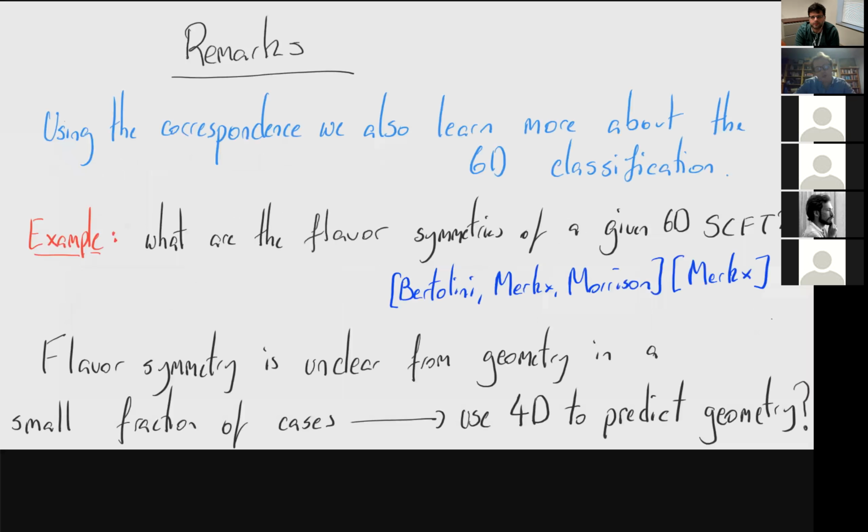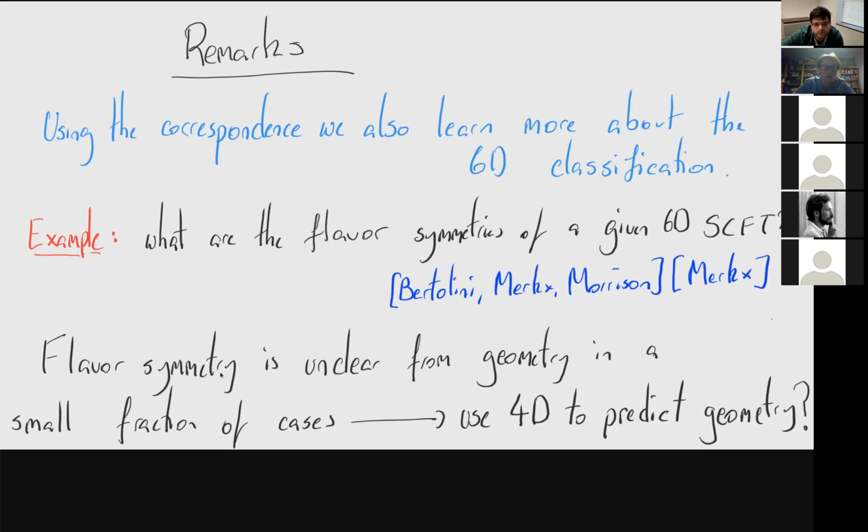I just want to make one remark, which is that we can use this correspondence to reverse engineer some more information that's difficult about the 6D classification. I raised this question of the flavor symmetries and whether they can be realized in the geometry. Those cases where the flavor symmetry is unclear from the geometry in 6D are a small fraction of the cases we consider.